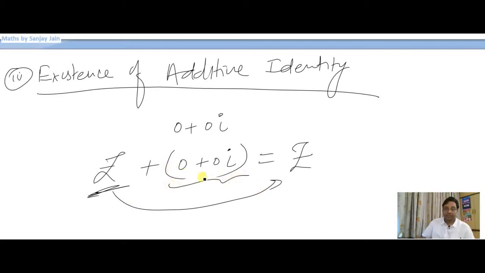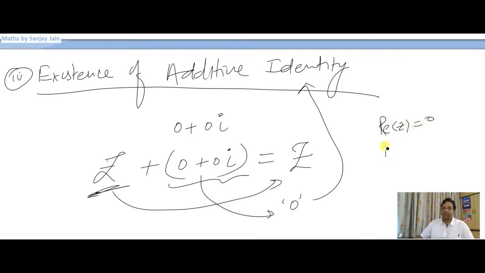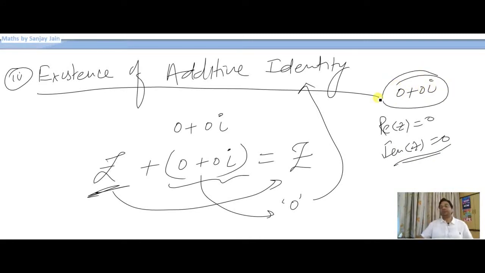So 0 is known as the additive identity in complex numbers. And 0 is also a complex number, where the real part is 0 and the imaginary part is 0, right? 0 plus 0 iota is a complex number with real part as 0 and imaginary part as 0.